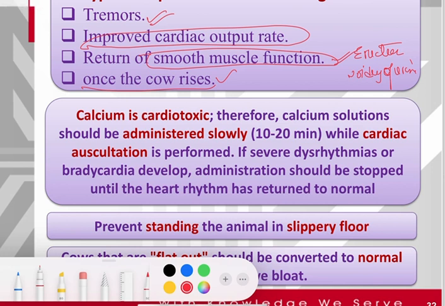One precaution should be taken while administering calcium, because it is cardiotoxic. While administering the calcium slowly over 10 to 20 minutes, we should do auscultation. Meanwhile, if arrhythmias or bradycardia develop, administration should be stopped until the heart rhythm has returned to normal.